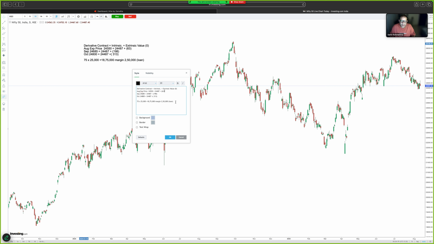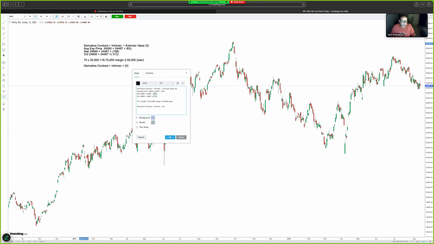Now, at the time of expiry, what happens? On the day of expiry, as per theory, the derivative contract price is equal to the intrinsic value only. Which means that the extrinsic value actually becomes 0 here. Why? Because on the day of expiry, you are not really taking any loan now. Now the loan is going to get cleared. The loan that you took for, say, 15 days, 2 months, 3 months is factored in this extra price that we pay in order to buy that contract.